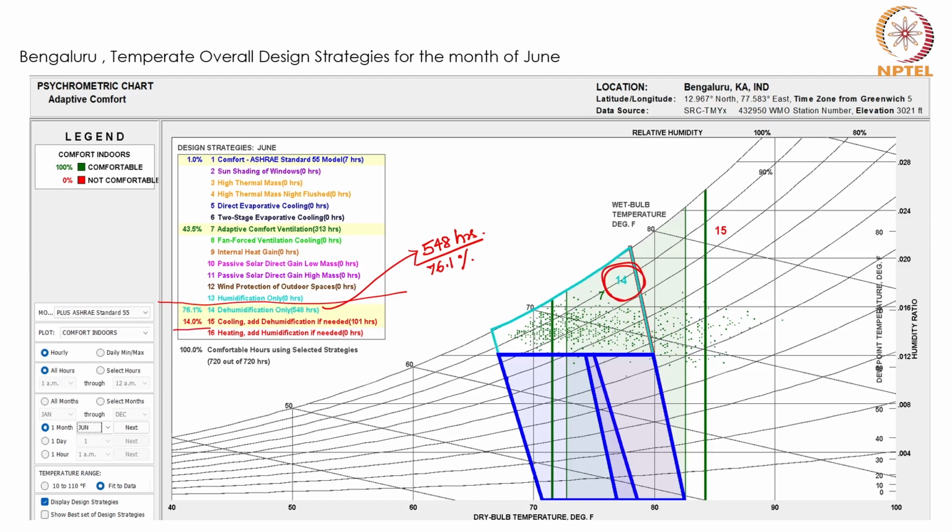Whereas, the remaining 101 hours can become comfortable if cooling along with dehumidification is adopted, and therefore it means use of air conditioning will make 14% of the month comfortable, thus adding dehumidification and air conditioning. So, dehumidification and air conditioning will make 100% of the time comfortable.